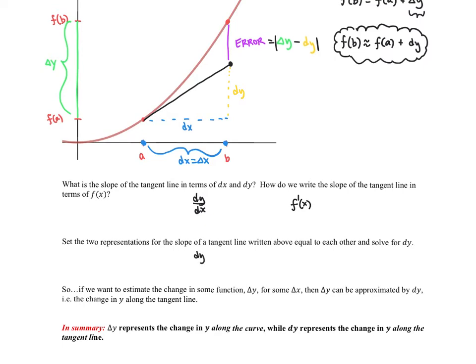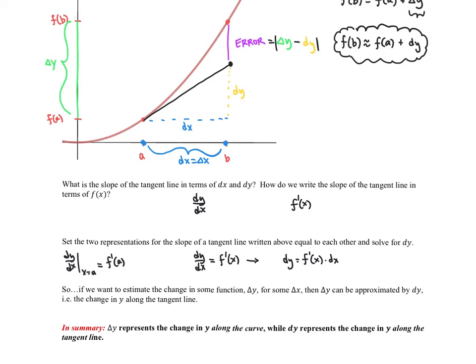If dy dx at x equals a is equal to f prime at a, then dy should be equal to f prime at x times dx.